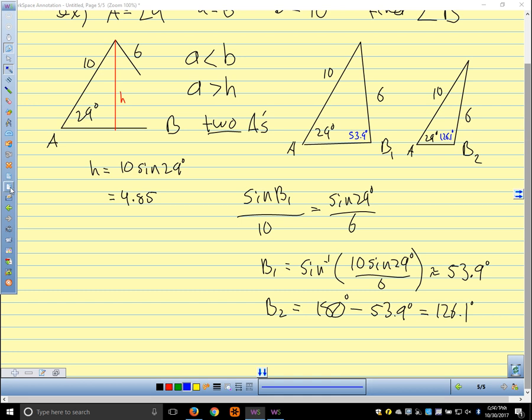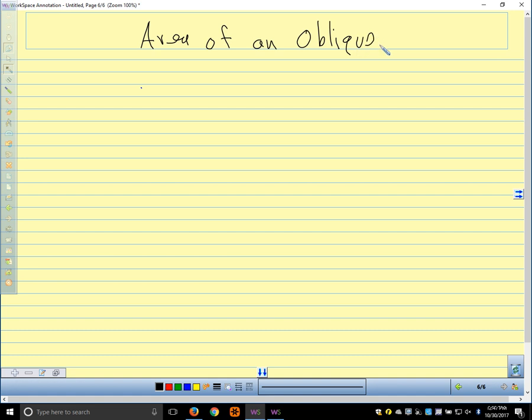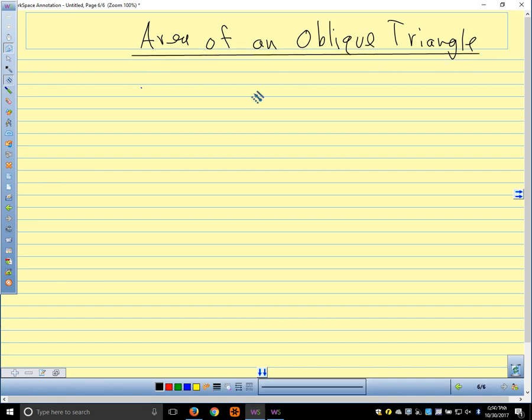Okay, let's talk about our new area formula. This area formula is related to the law of sines, so that's why we're talking about it now. Here's our triangle that we've been talking about for the last couple of days.